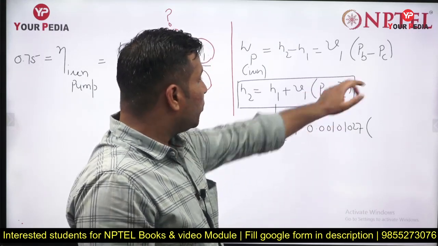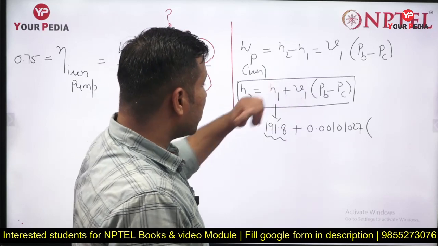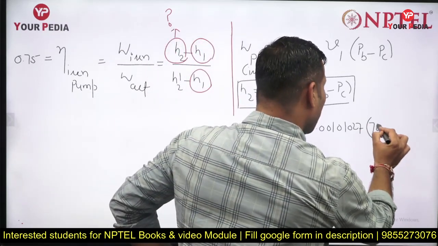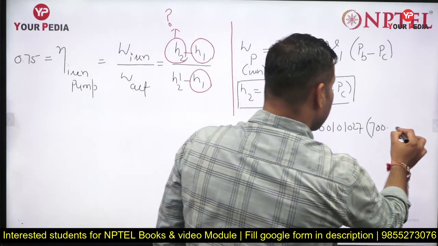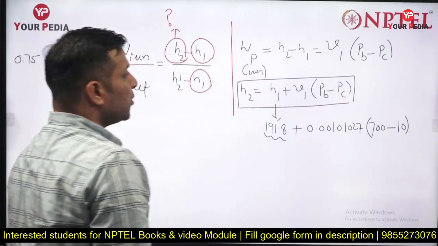The pressure you also need to take in kilopascal. The boiler pressure is 7 megapascal, so you can write it as 7000 kilopascal minus 10. Solving this, guys, you will get H2.